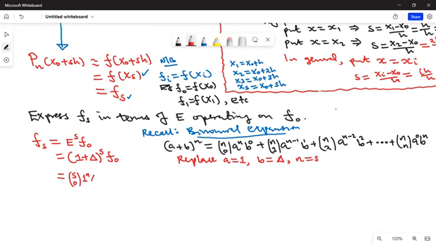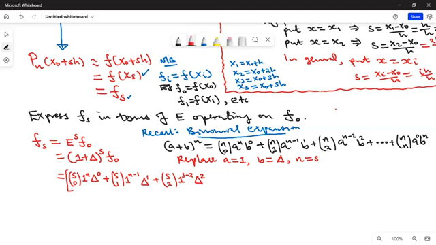So this will be delta raised to 0, plus s combination 1, 1 raised to n minus 1, delta raised to 1, plus s combination 2, 1 raised to s minus 2, delta squared.